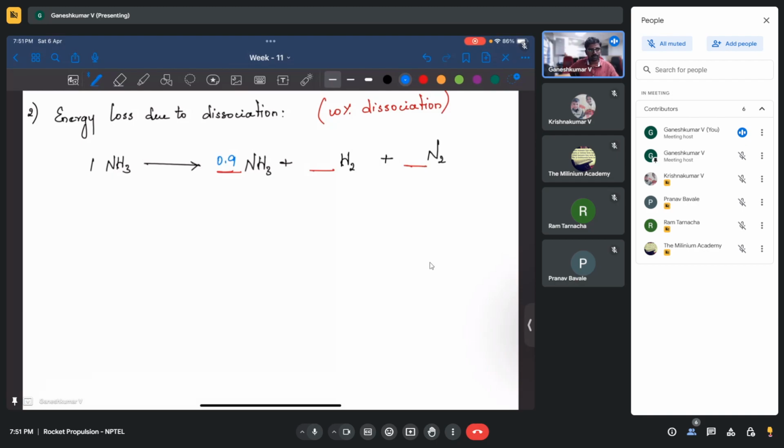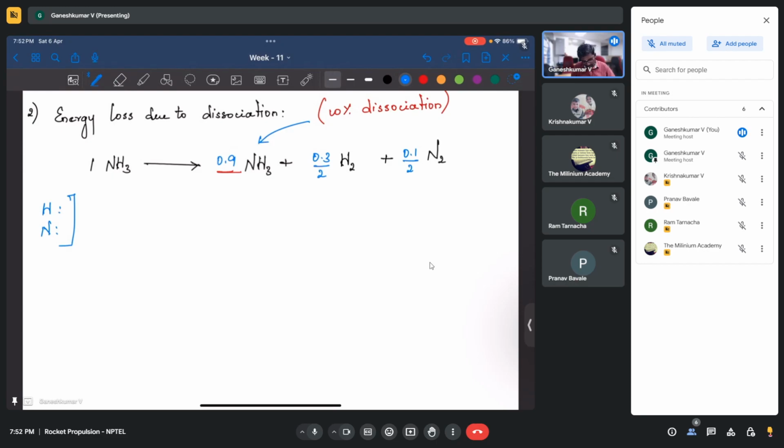Here 0.1 moles of NH3 is going to dissociate, so you can write 0.1 times 3 by 2, which is 0.3 by 2, for H2, and 0.1 by 2, or 0.05, for N2. So you balance hydrogen and nitrogen to get those two, and the 10% gives you 0.9.